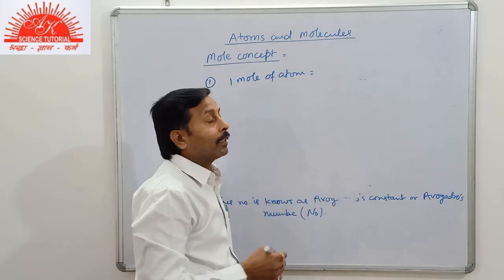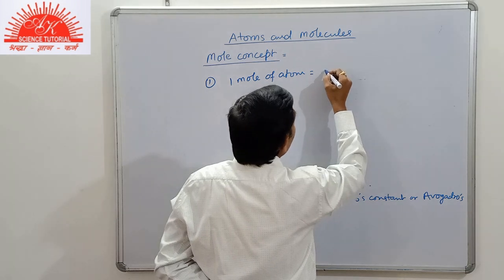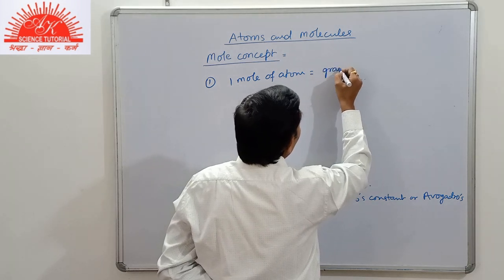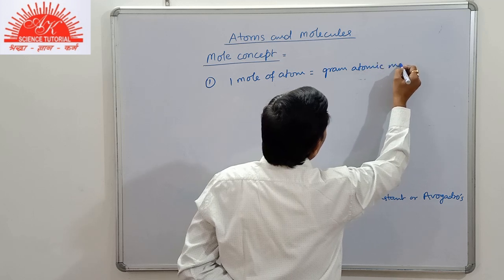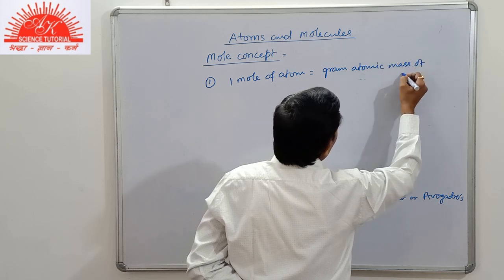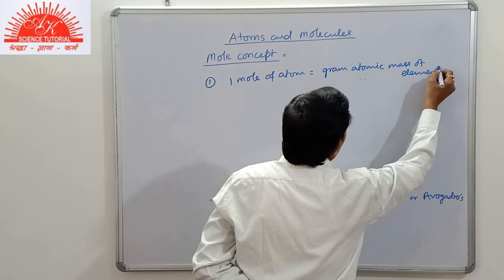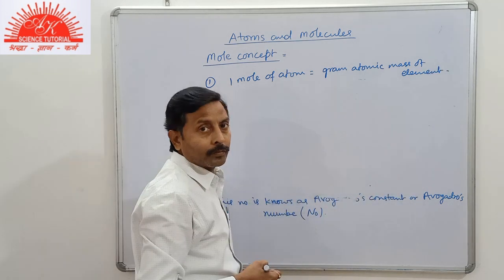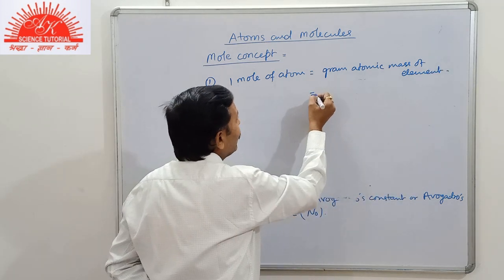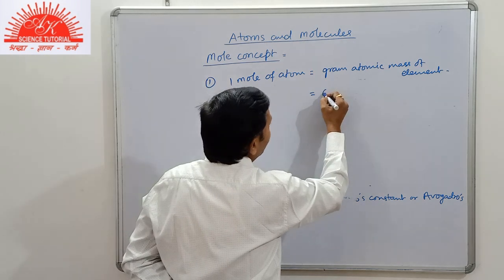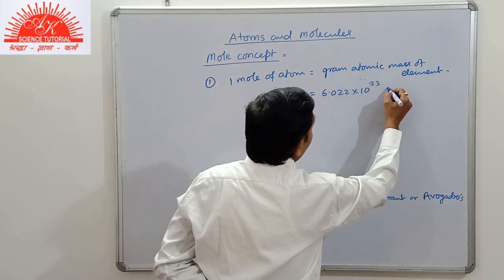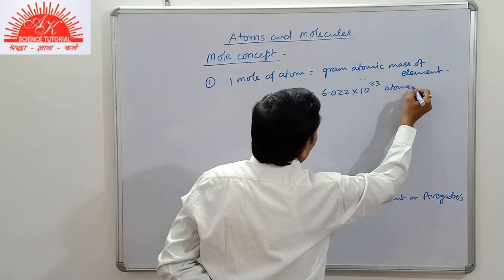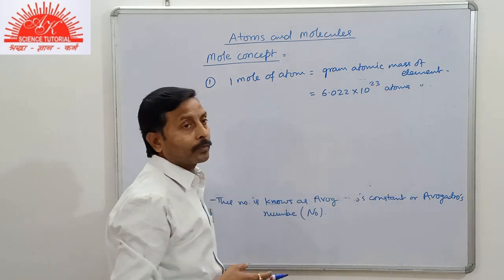It means that it is equal to the gram atomic mass of the element, and in number it will have 6.022 into 10 to the power 23 atoms of that element.